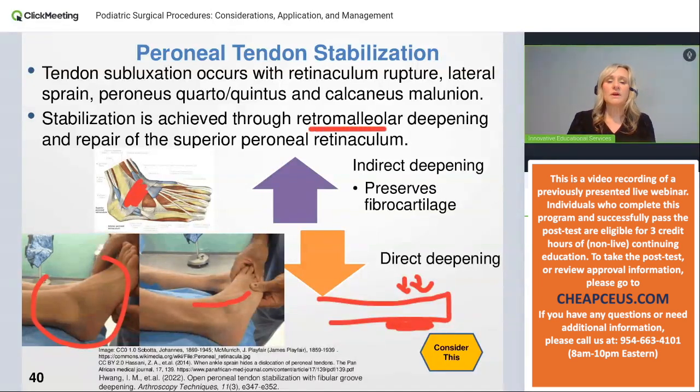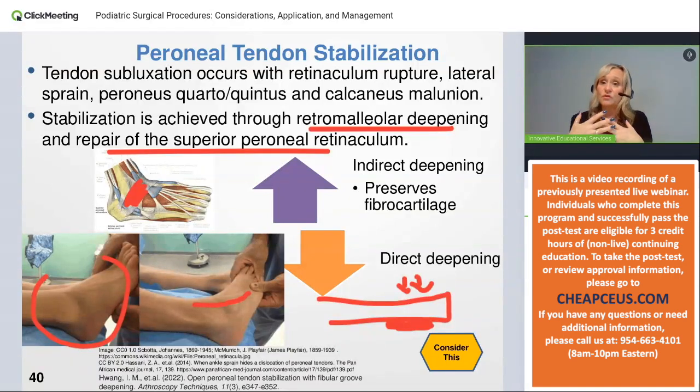So it's that retromalleolar deepening, and then if they need to, they will go in and repair that retinaculum. They will sew it back up in order to stabilize that tendon and give it space and preserve that good fibrocartilage for the patient.